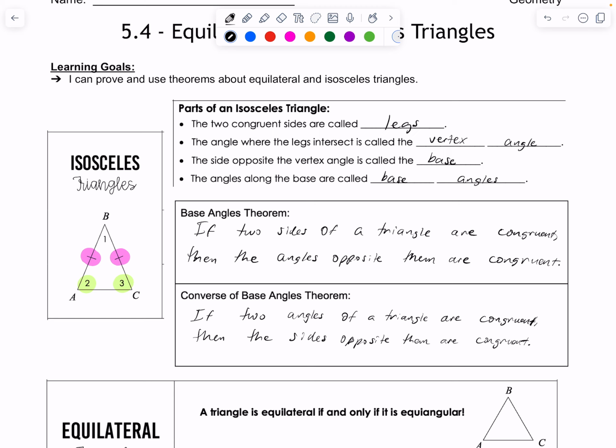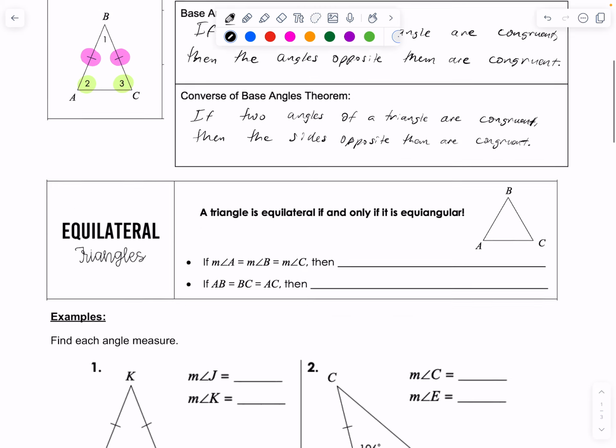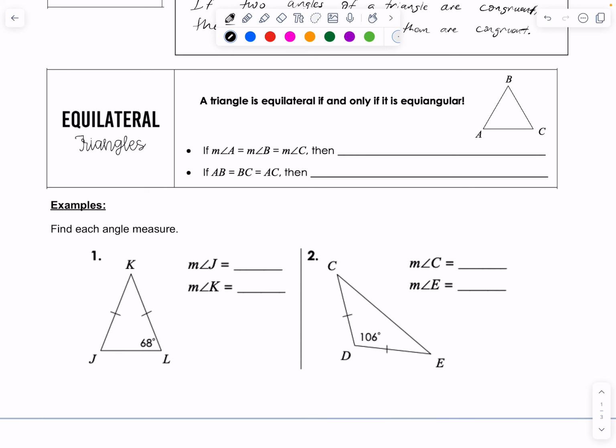All right, so let's look at equilateral triangles now. So for a triangle to be equilateral, it's only true if the triangle is equiangular, which means that all the angles are the same. So you know from equilateral, the way that we described this a couple weeks ago, all the sides have to be the same. So now we're saying that's true, and also all the angles will also be the same.